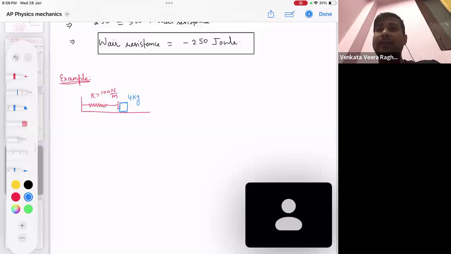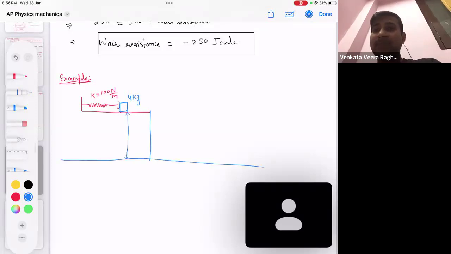This is kept on a table, and that table is, let's take it, 10 meter above the ground. Understood?